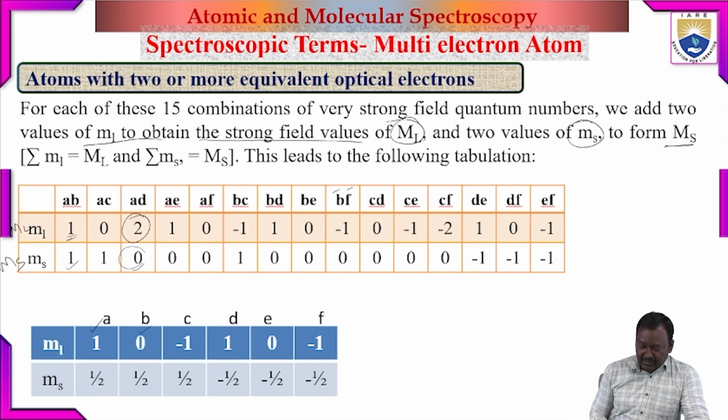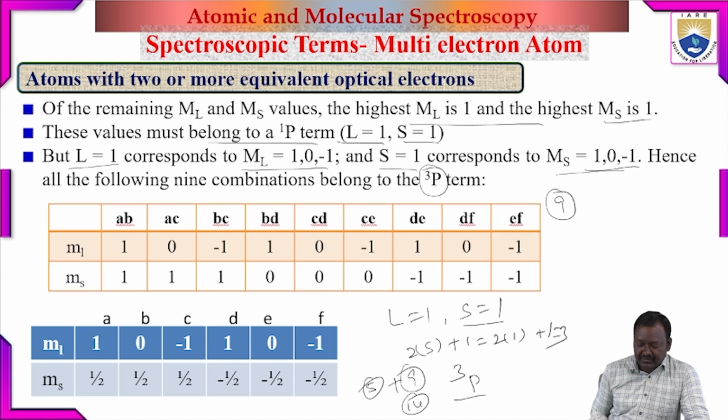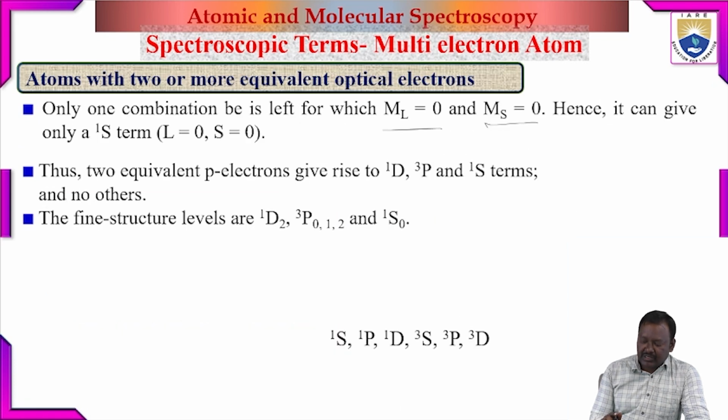So among the 15 combinations, ML equal to 0 and MS equal to 0 is the remaining combination. So it gives the term 1S. As ML equal to 0 and MS equal to 0, that means total orbital angular momentum is 0 and total spin angular momentum is 0. That forms the term 1S.